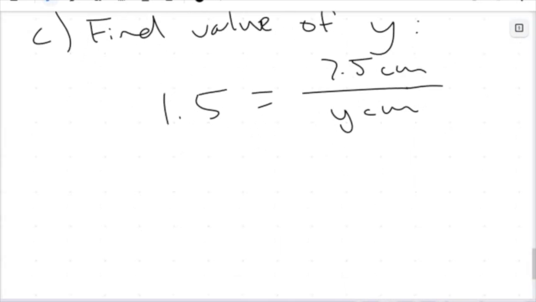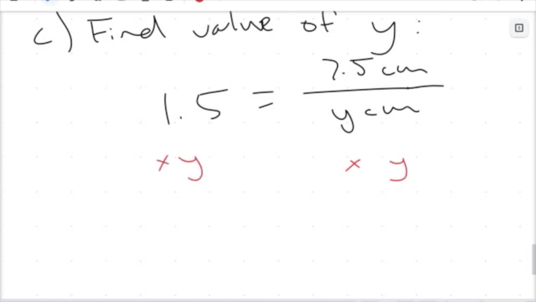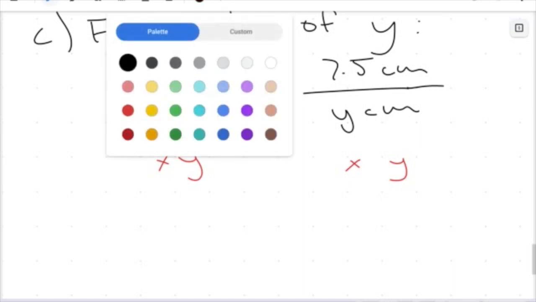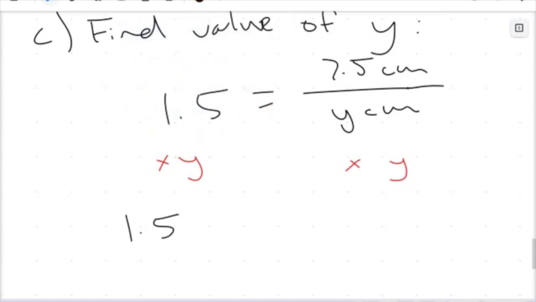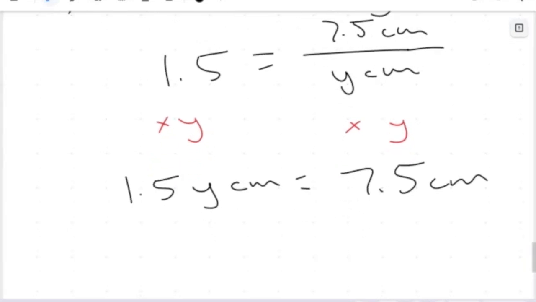Now, I have to rearrange this a little bit more to get y on its own. So what I'm going to do to solve this equation is I'm going to multiply both sides by y, or y centimeters, and I'm going to get 1.5 times y centimeters, because we're looking at a unit of measurement here. We're finding an original length. So we're going to keep my units, and that equals 7.5 centimeters.